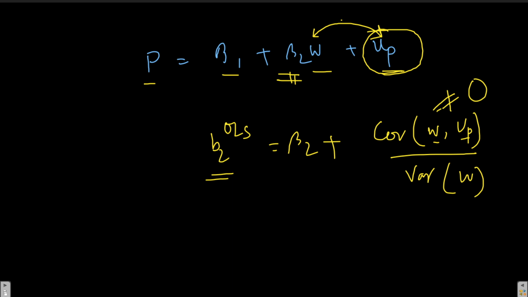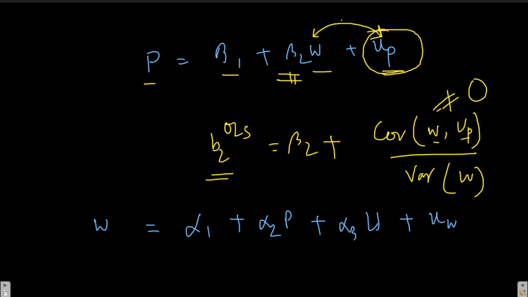So I want to get rid of this, and there is a way to do it. If you remember, the second equation we had previously is W is equal to alpha 1 plus alpha 2 into the price rate plus alpha 3 into the unemployment rate, capital U, plus UW.